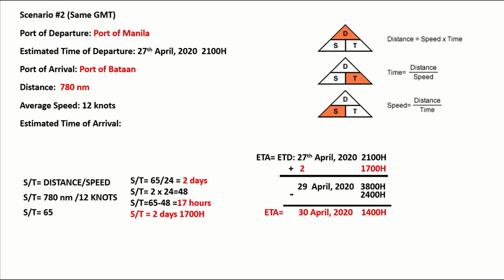So now our first goal, finding the steaming time or the ST, is already done. Now we're going to proceed with solving the ETA, the estimated time of arrival. First, we're just going to copy the estimated time of departure, the ETD, 27 of April 2020, 2100 hours, and then we will put the ST below it. We will just add them since they have the same GMT.